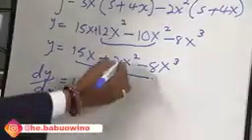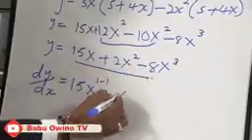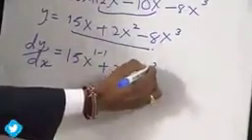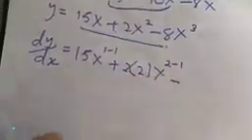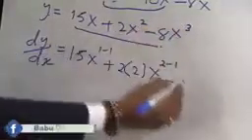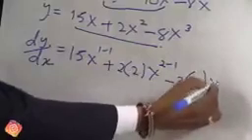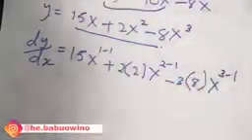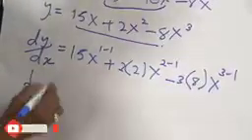Then plus 2x squared differentiated, you drop down the power 2, multiply by the constant 2, then we have x, then 2 minus 1. Minus, drop down power 3, multiply by 8, x cubed, you subtract 1.